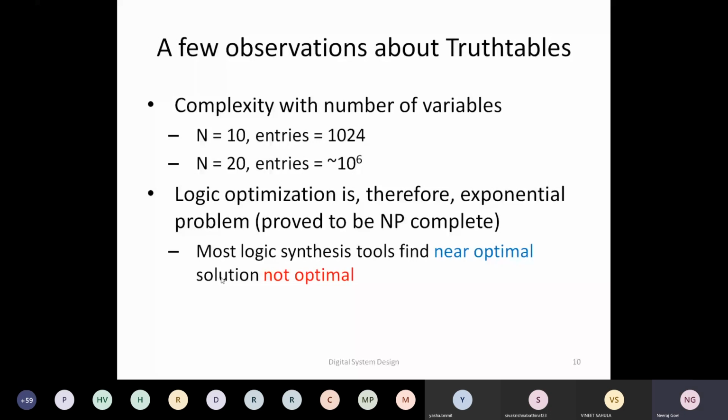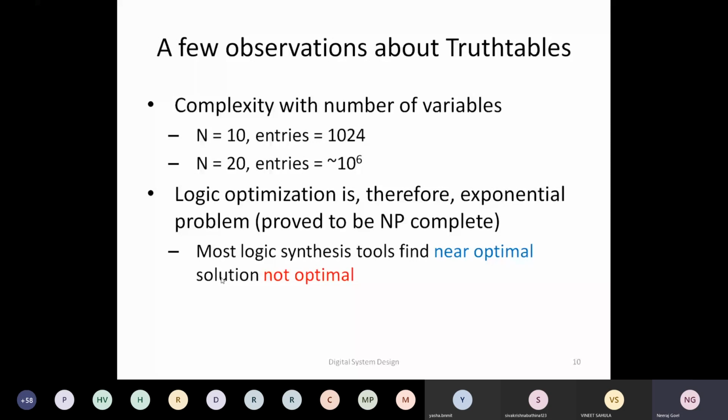Okay, so although we are studying these K-maps and Quine-McCluskey methods, what I want to emphasize here is that they have certain limitations. If the number of variables is large, then you won't be able to find an optimal solution. You have to go for a non-optimal solution. That was not a matter of discussion here, but I just thought to bring this point so that we can understand that the K-map and Quine-McCluskey methods we study are more theoretical in nature and more like a pedagogy tool, to make you understand that optimization is important, and this is how we do it.